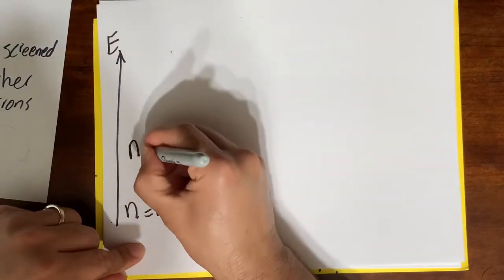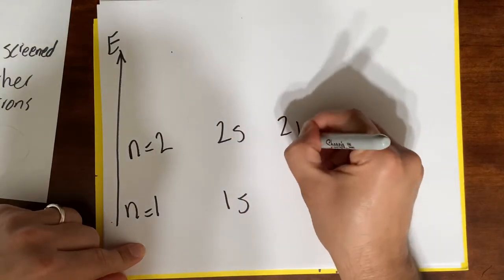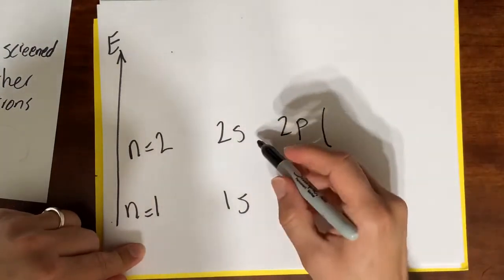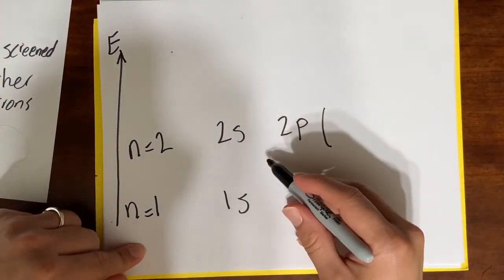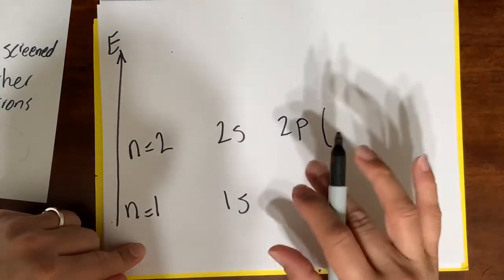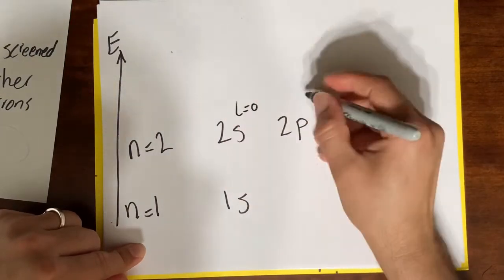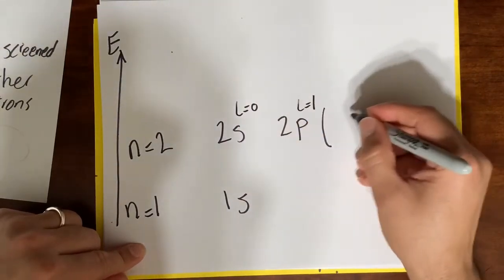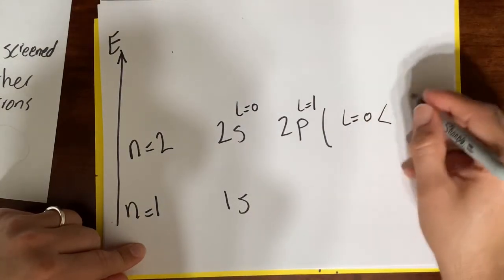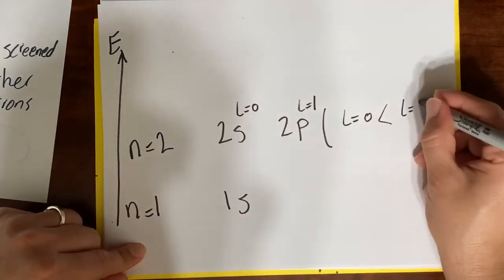And then you go with n equal 2, you will have 2s and 2p. When it comes to two orbitals that belong to the same level of energy, if you want to order them based on energy, you go with L. L here is 0, L is 1. The one that has the lowest L will be the most stable orbital in that level of energy.